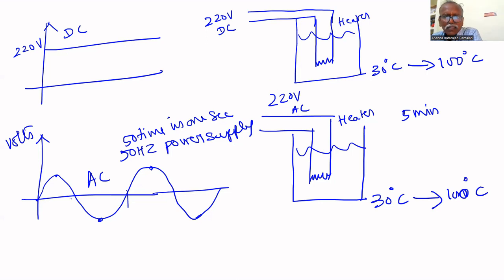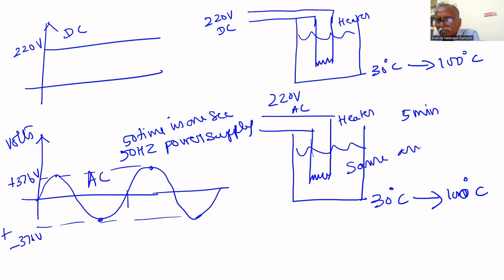Then this is varying. The voltage varies from plus 376 volts to minus 376 volts. So how to call this? The maximum value is 376. That's why, whether it is AC or DC, both produce the same amount of heat.